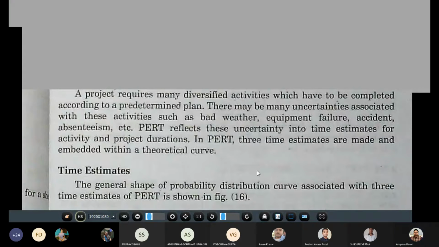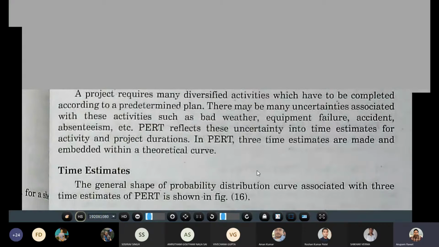So PERT uses a network diagram consisting of events which must be established to achieve the project objective. An event is a particular instant of time at which some specific part or plan is achieved.